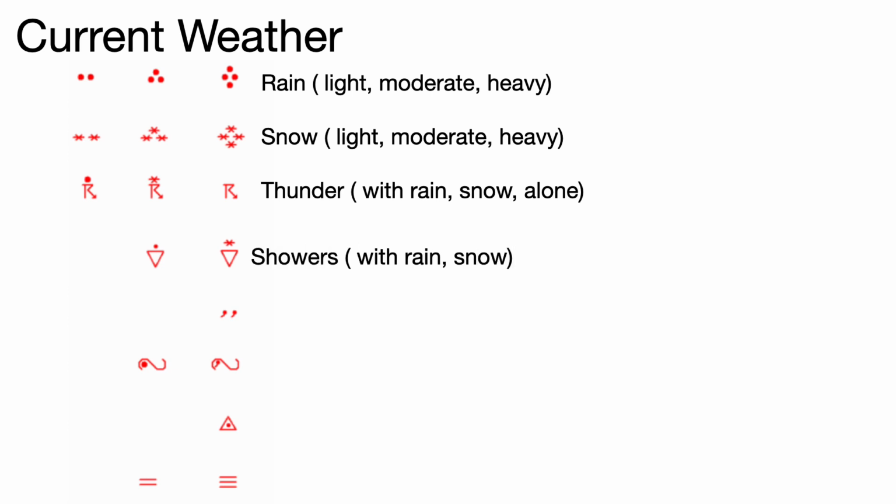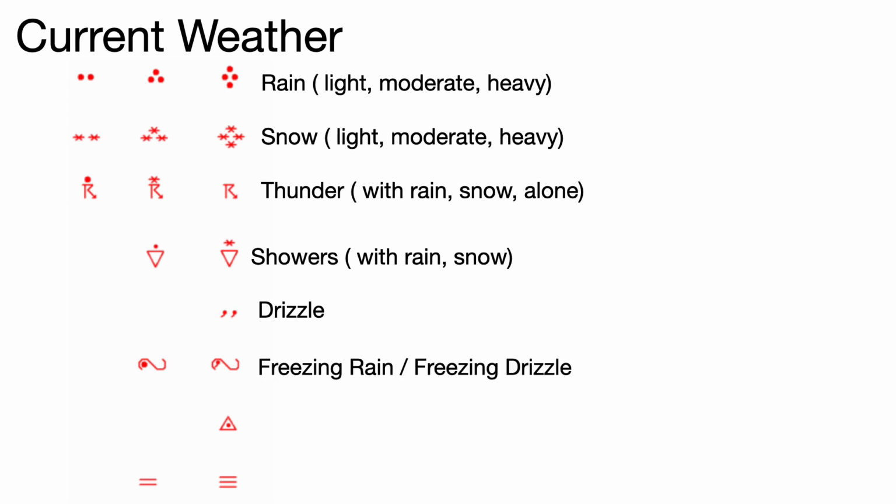Next we have showers, which are the off and on light versions of rain and or snow. So it's the triangle with either a dot for rain showers or a triangle with a star for snow showers. Next we have the 2 commas for drizzle.